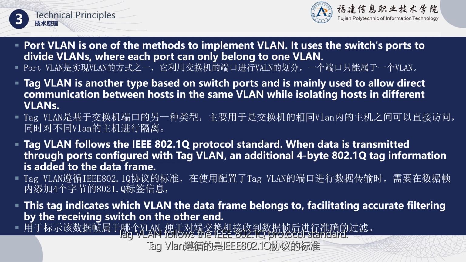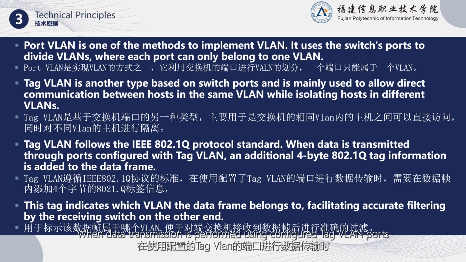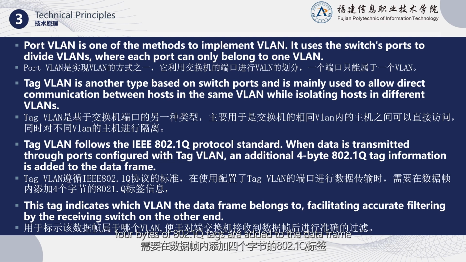Tagged VLAN follows the IEEE 802.1Q protocol standard. When data transmission is performed using configured tagged VLAN ports, a 4-byte 802.1Q tag is added to the data frame to indicate which VLAN the data frame belongs to.